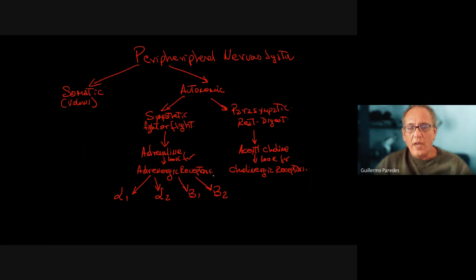Now, the cholinergic receptors are going to have two receptors: the nicotinic receptor, question for the exam, nicotinic, and the muscarinic receptors.